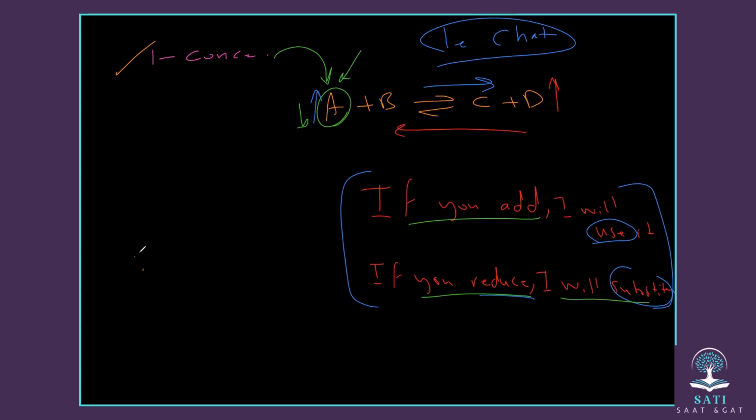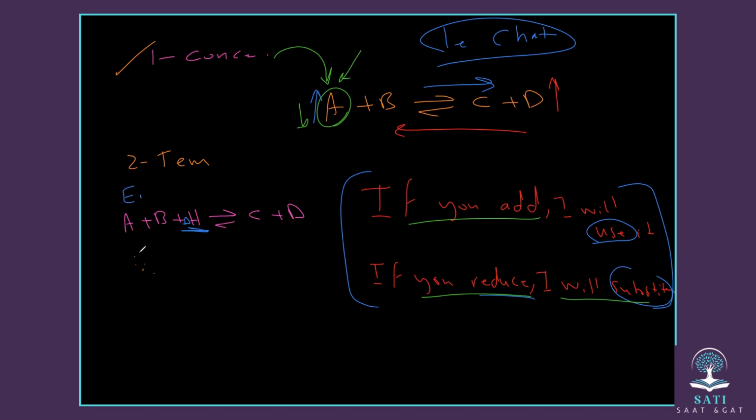Okay, this happens, by the way, for both concentration and also temperature. In temperature, we have two types of reactions. We have A plus B plus heat gives me C plus D, and this reaction is an endothermic reaction.